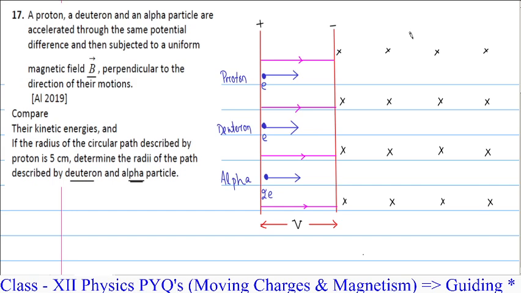This is the uniform magnetic field, let it be directed inward, and this is the region of electric field where the potential difference created is V. As this is the positively charged plate and that is the negatively charged plate, the field is towards the right, so all these charged particles will start accelerating towards the right.